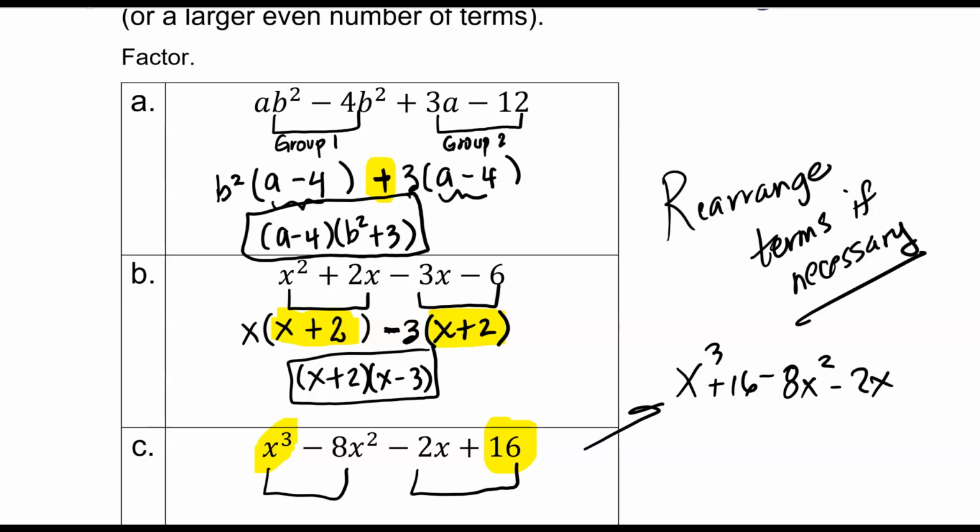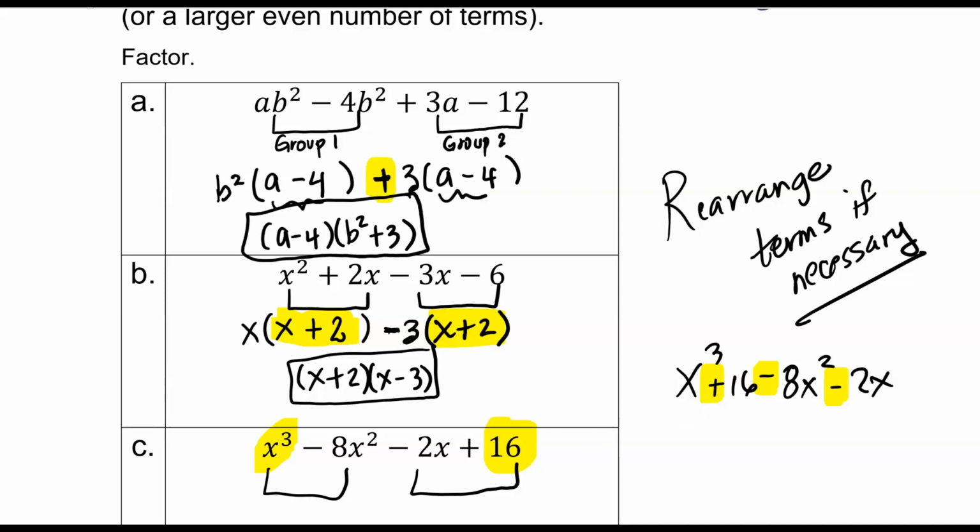What if it was written this way? Then x cubed and 16 have nothing in common. But in that case, you can always rearrange your terms so that x cubed is next to something that it has in common, like this, right? So you can always change terms around, remembering that whenever you move things around, you have to maintain the sign that's in front of each term. You can't move it and change the sign. It has to be the same sign.